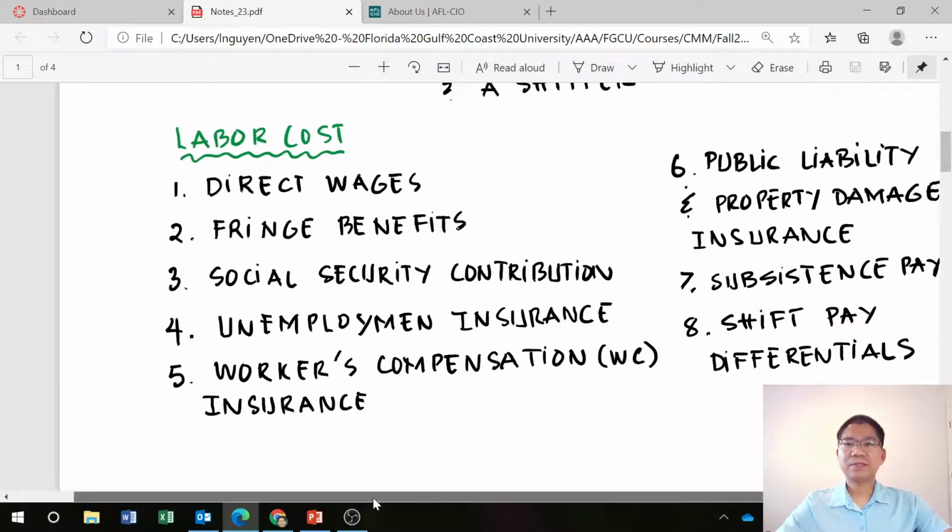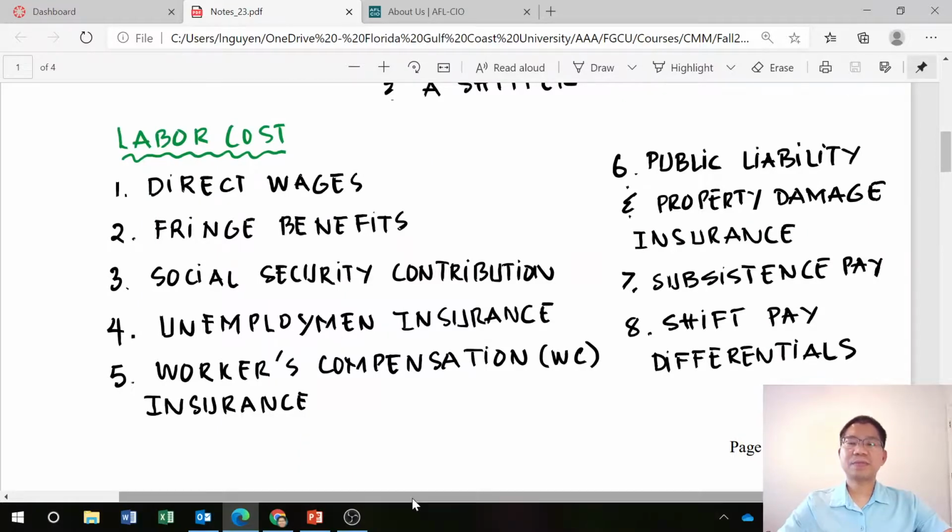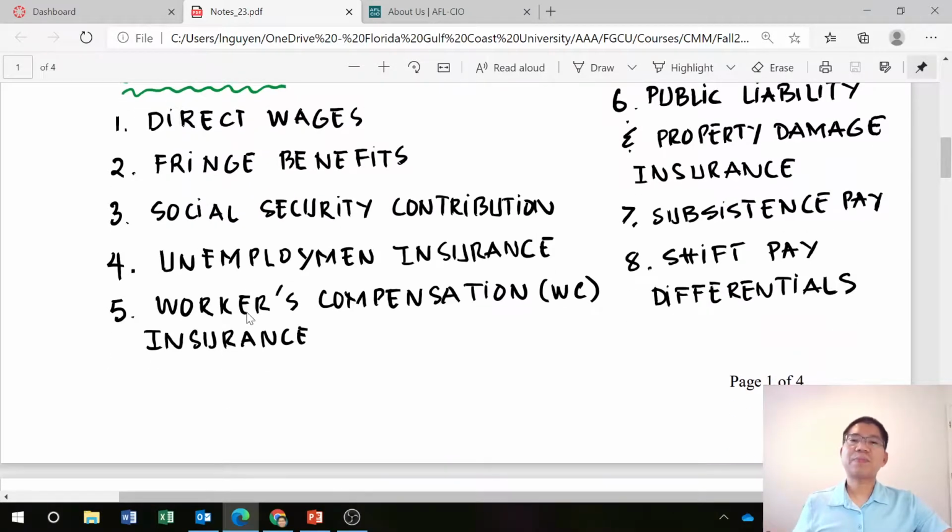The first is the direct wages that the worker actually receives, and then fringe benefits, vacation, health, things like that, social security contribution just for retirement, unemployment insurance, something like a pandemic, and you can see a lot of people file for unemployment, so that also affects the unemployment insurance.